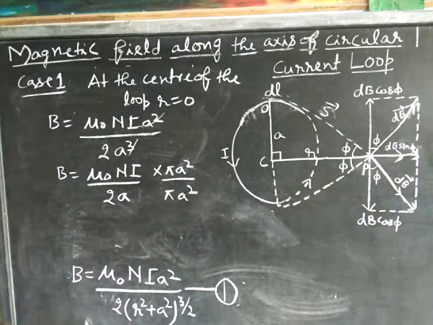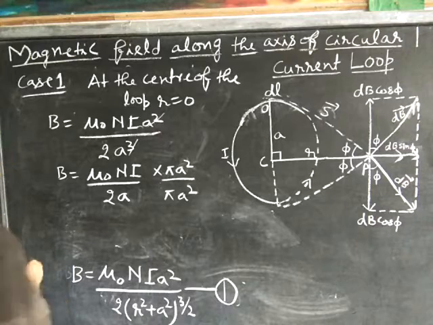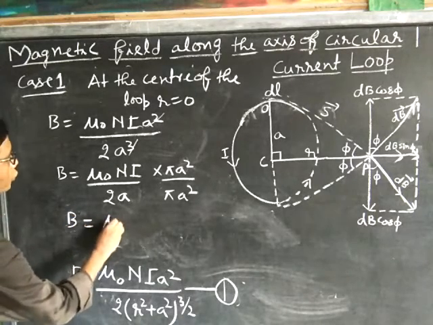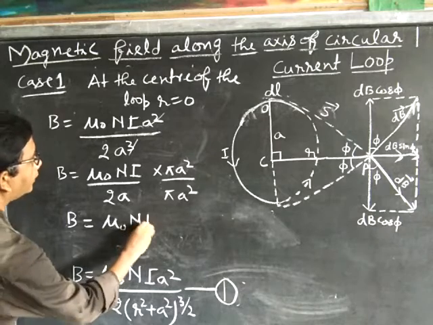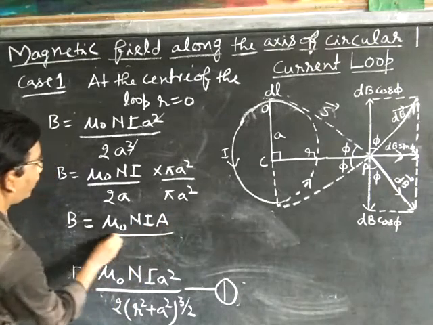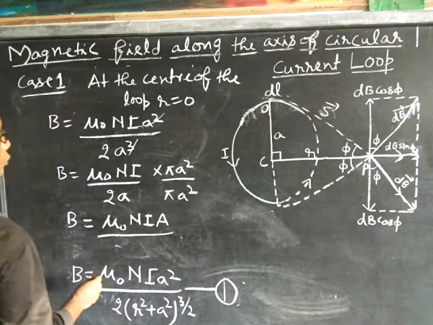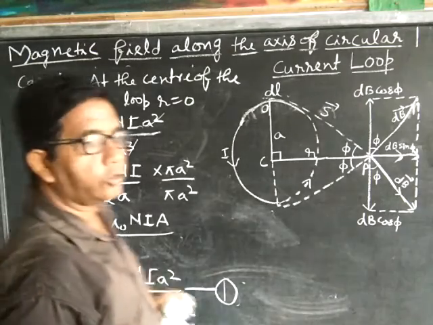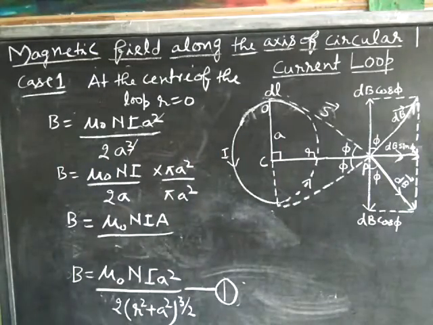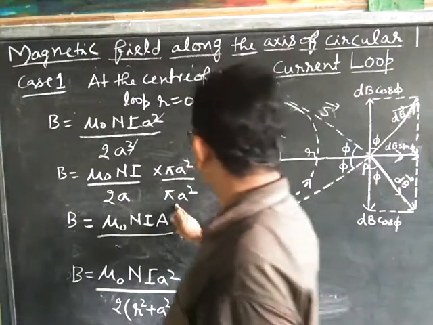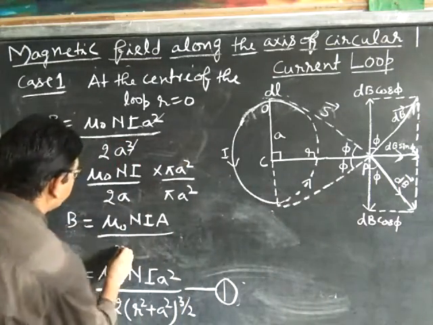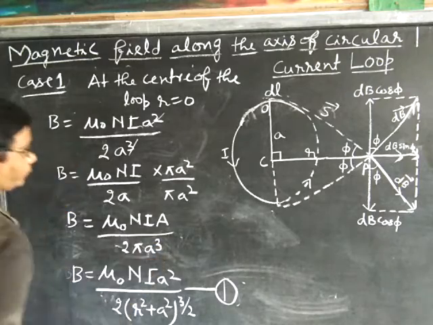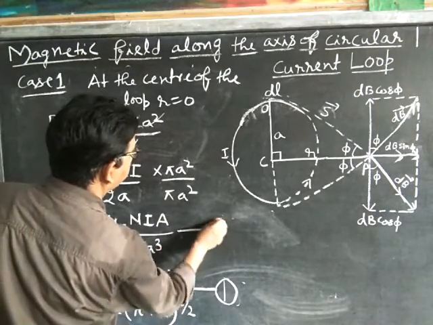Then B is equal to mu 0 N I pi A square upon 2 pi A cube. This is equation second.